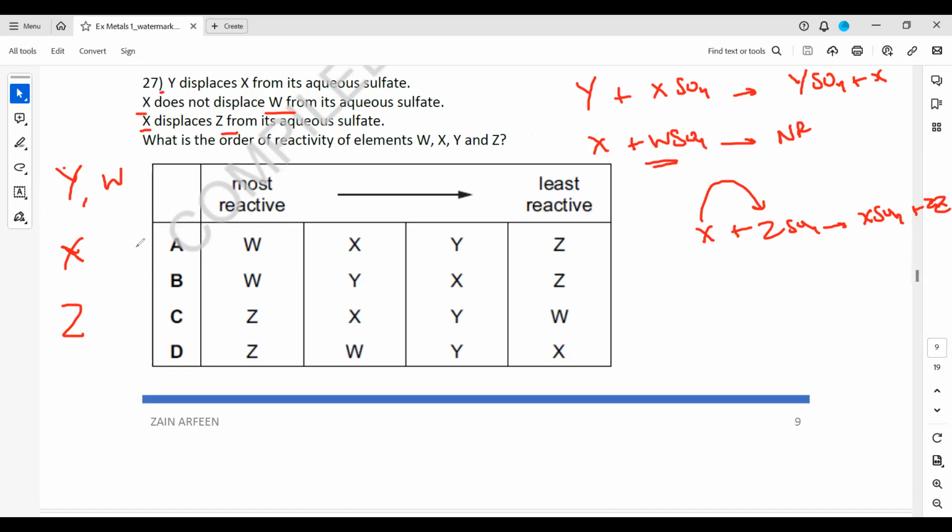Then it should be X. Between W and Y, there is no information, but you can see the order. This follows the order Y, X, and Z, and then W will be there. So B should be the right answer.